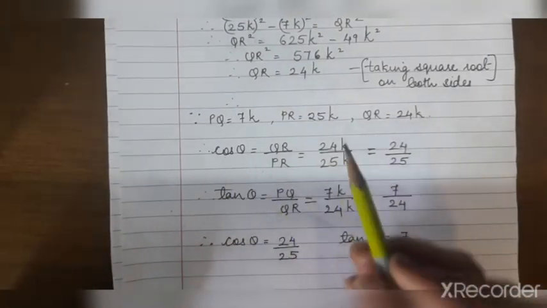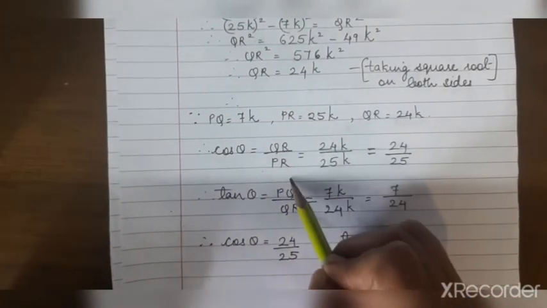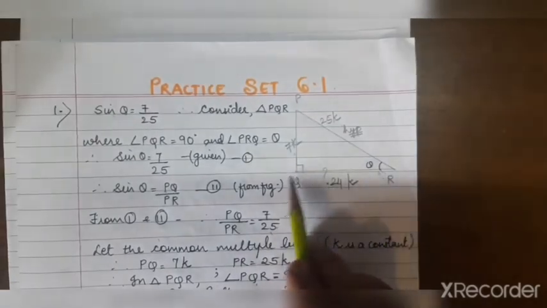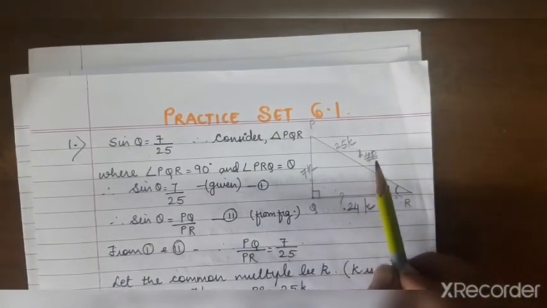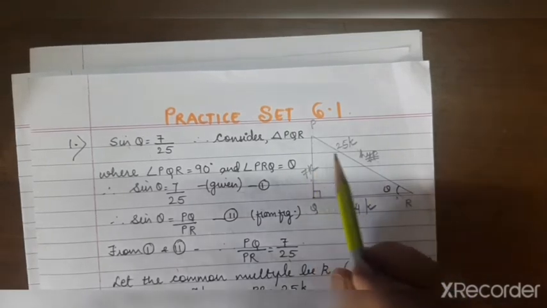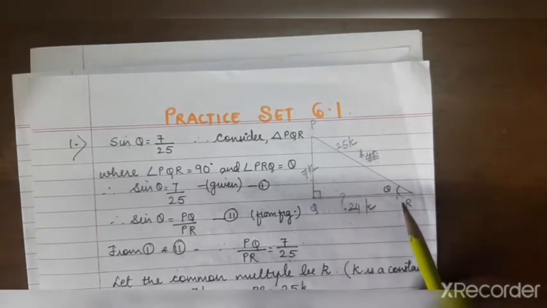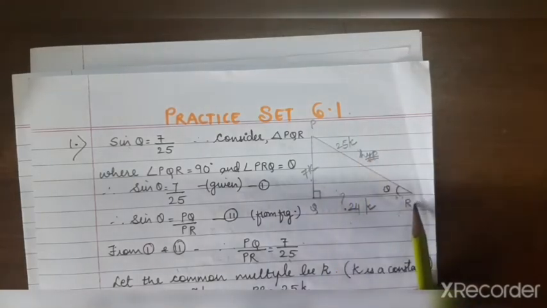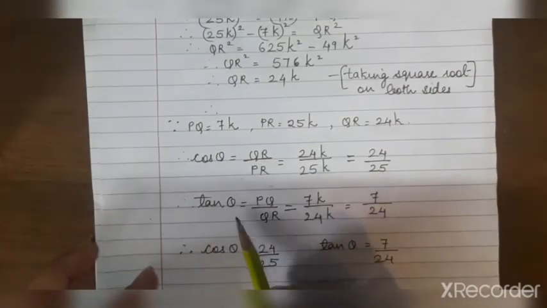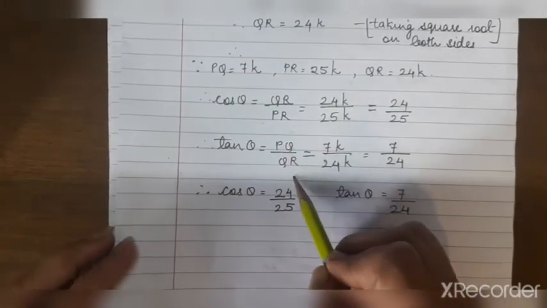Therefore, cos theta, we know, is adjacent upon hypotenuse. The adjacent side is QR. As I told you, there are two adjacent sides, PR and QR, but we don't take PR because it is the hypotenuse. So we take QR upon hypotenuse, that is PR. Same way, tan theta is opposite upon adjacent.